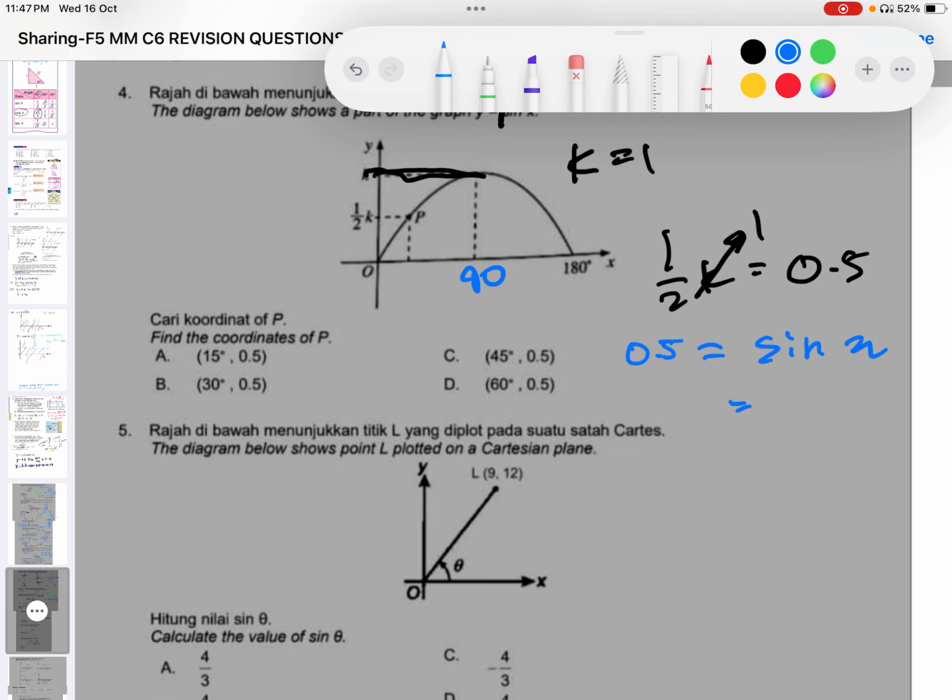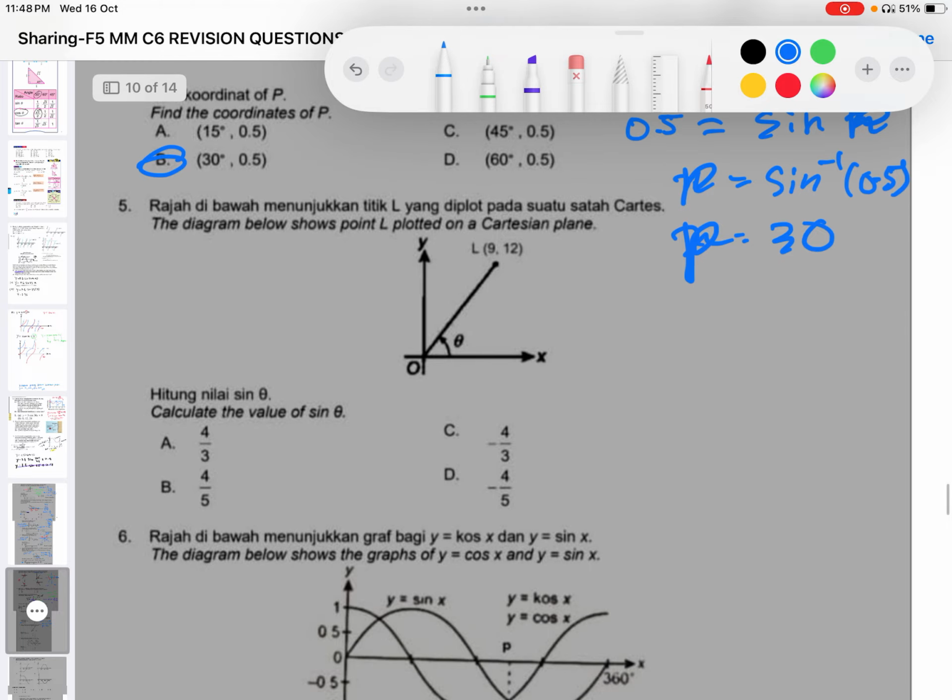So sin x sama dengan sin songsang inverse sin 0.5. 0.5 is 30. So this is going to be P. So 30. So jawapan dia adalah P.